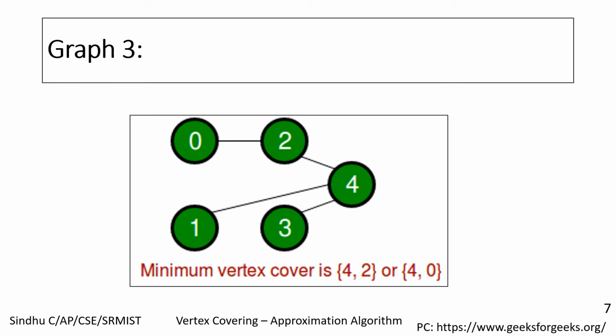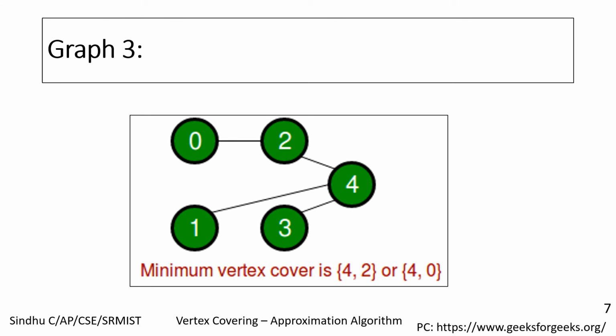Consider this example. This is an undirected graph. You have five vertices 0, 1, 2, 3 and 4. 0 and 2 are connected, 2 and 4 are connected, 1 and 4 are connected, 3 and 4 are connected. Now you need the final set which has the minimum number of vertices, and it should also cover all the edges, right? So in this diagram you can see that we have four edges.